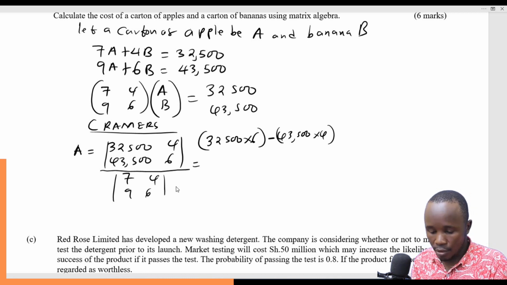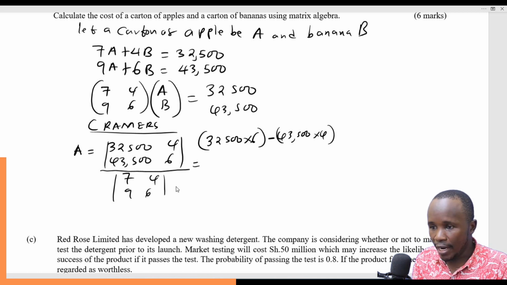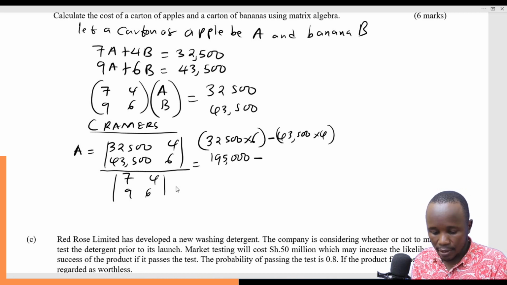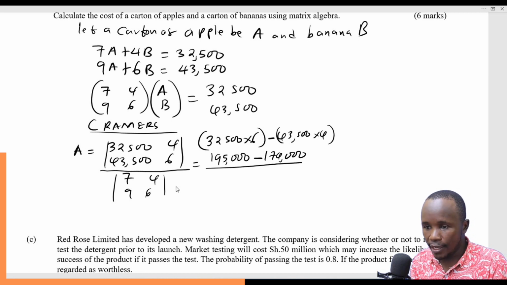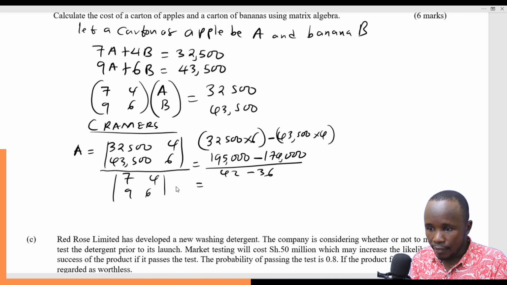What do I have here? 32,500 times 6, I get 195,000, minus 43,500 times 4, I get 174,000, divided by the determinant of the denominator, which is 7 times 6, which is 42, minus 4 times 9, that is 36, which is 6. What do I get here?